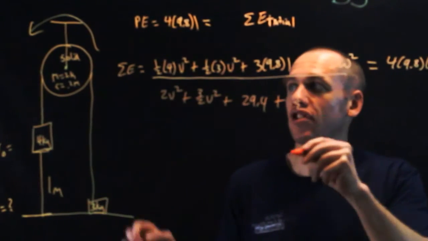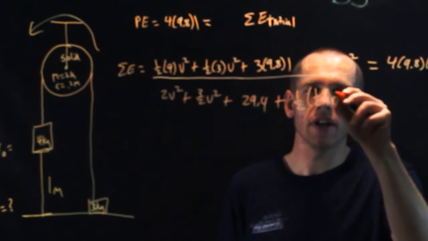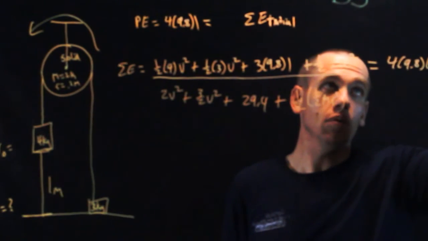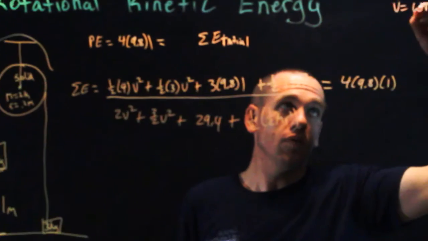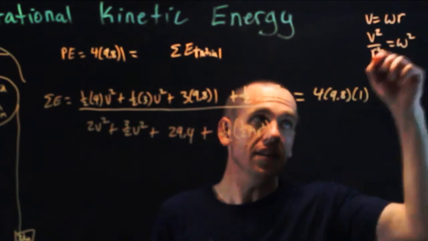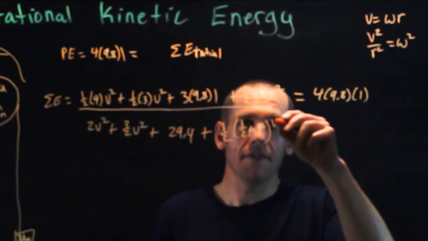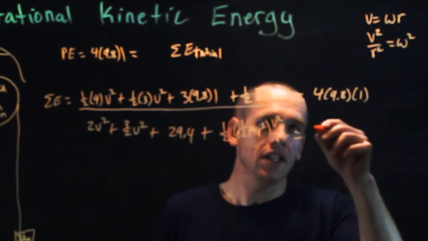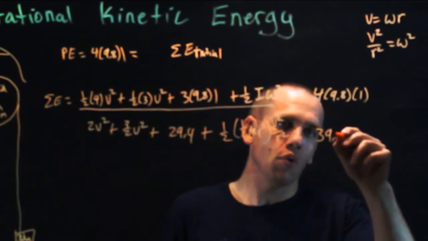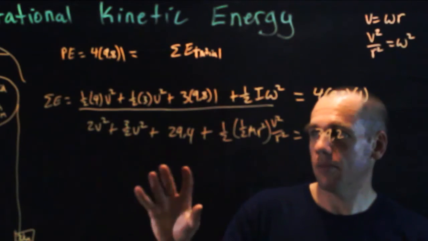So I, for a solid disk, is 1/2 mr squared. And remember, v equals omega r, so v squared over r squared equals omega squared. And so if I make that substitution, I can say v squared over r squared equals 39.2.